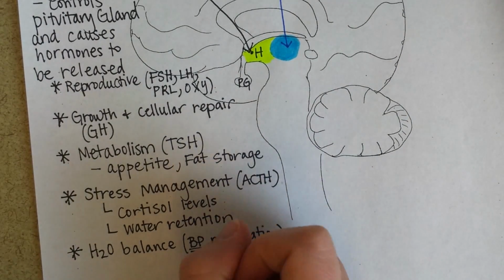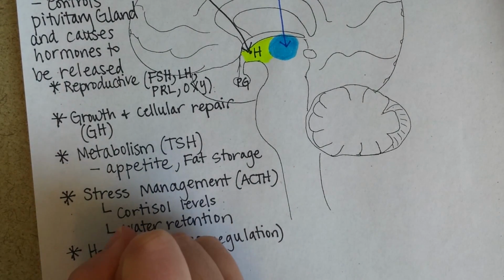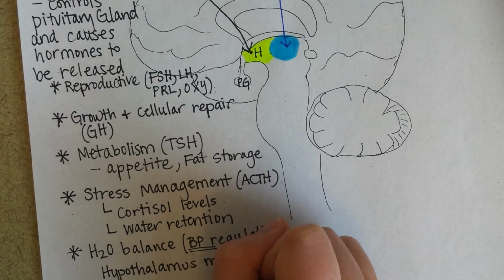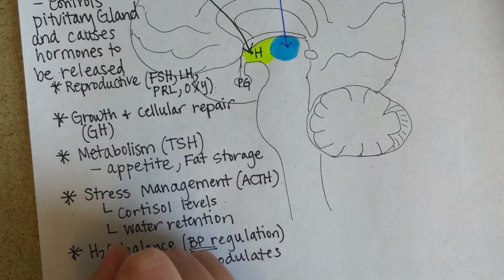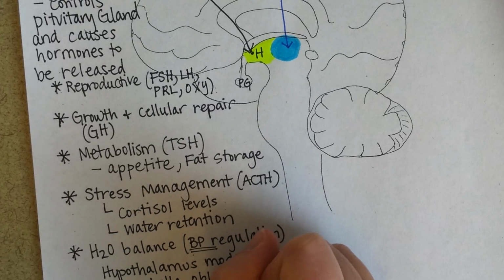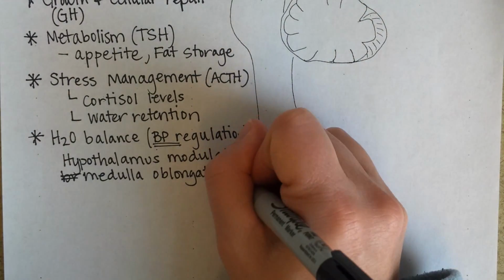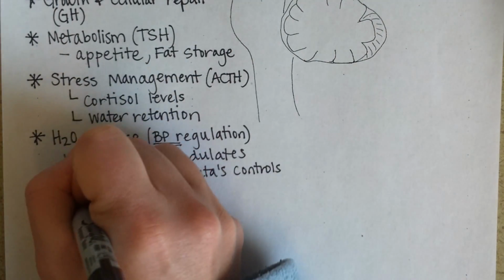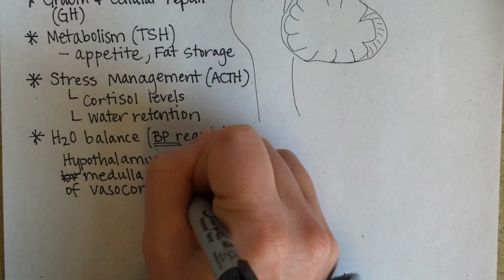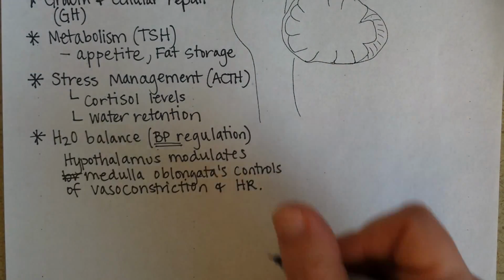And that blood pressure regulation happens because the hypothalamus modulates the medulla oblongata's controls of vasoconstriction and heart rate. That's HR, which stands for heart rate. Maybe I better write that out for you.